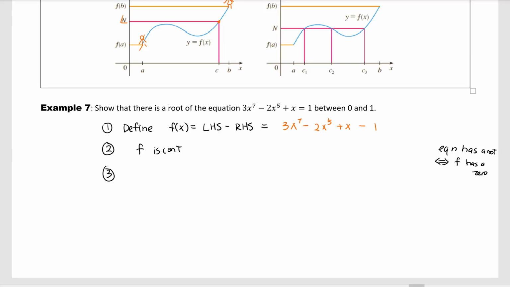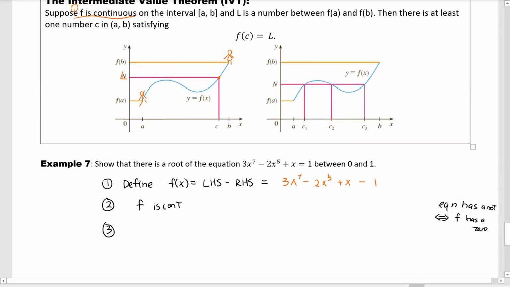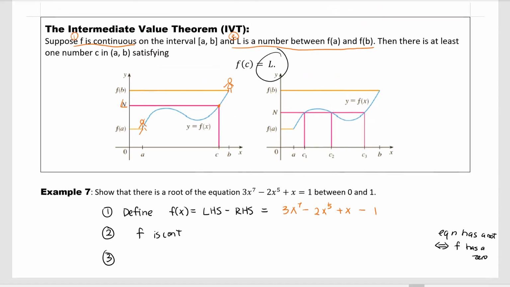So, which means you want to find some number such that f of that number equals 0. So it looks like the L in our theorem is 0. So we want to show there is at least a number such that f of that number equals 0. So now you want to show 0 is between f of A and f of B.